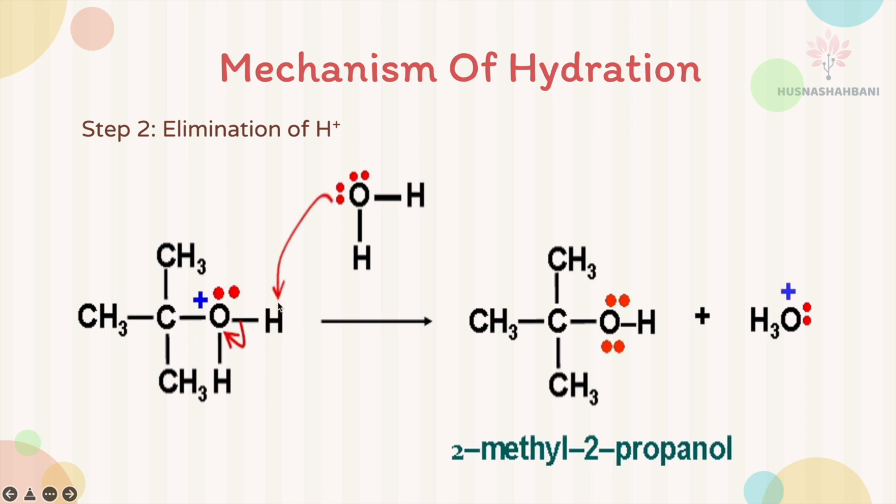So it will form a bond with H, and then the bonding electrons here will be transferred to the oxygen, because oxygen prefers to have two lone pairs here. Oxygen does not prefer to be positive, it prefers to have lone pairs. So that's why this bonding electron is transferred back to the oxygen. Now the products are alcohol and H3O+.